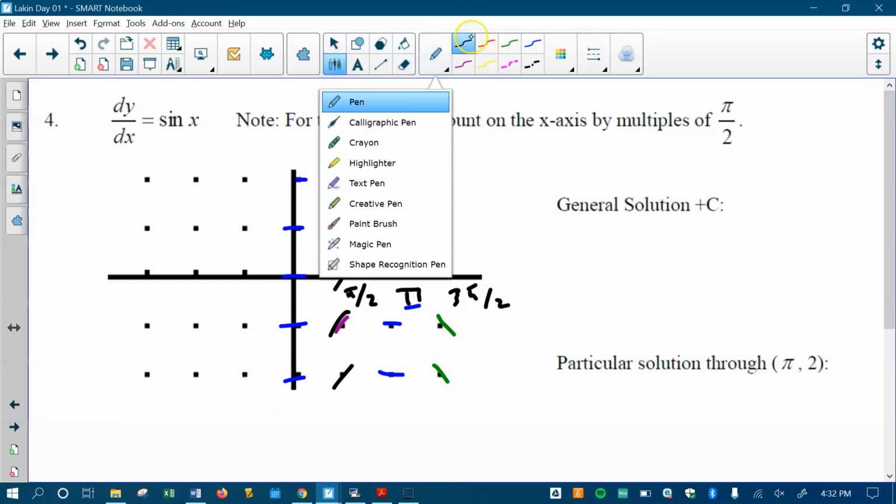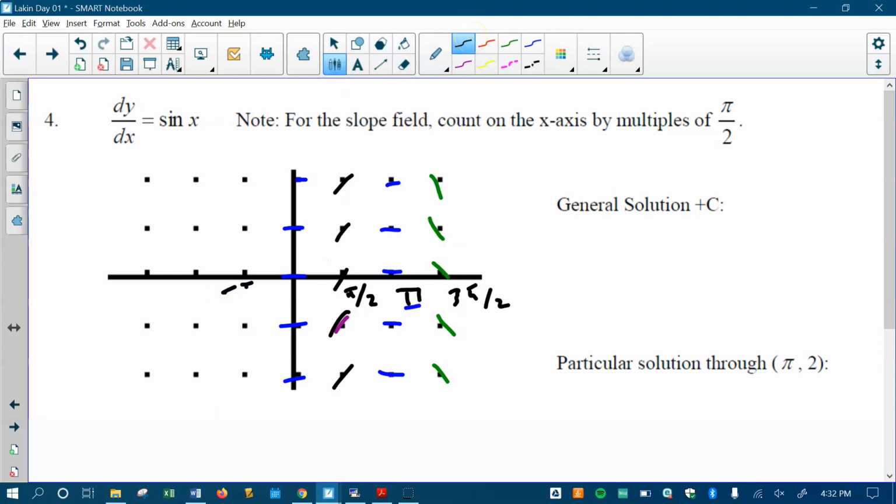On the other side, we have negative pi over 2, negative pi, and negative 3 pi over 2. And if you're struggling with the unit circle, negative pi over 2 is right here, so that means we're back to our negative 1 slope again. Slope 1, negative 1, negative 1.